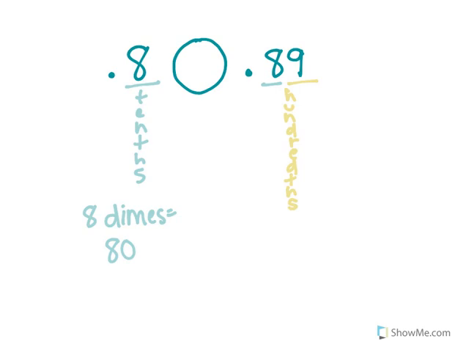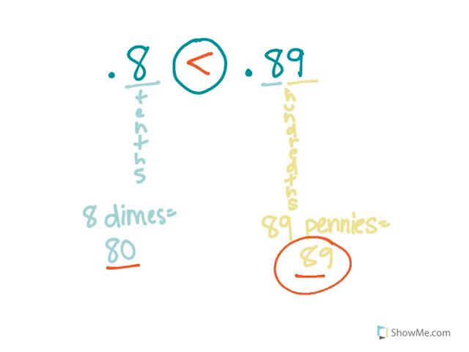So that means I have 89 pennies, which is the same as 89 cents. Which one's bigger, 80 or 89? 89 would have been bigger. Okay?